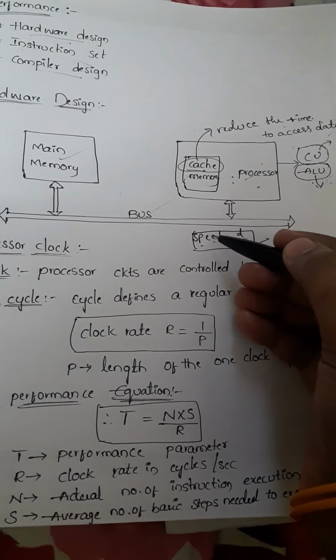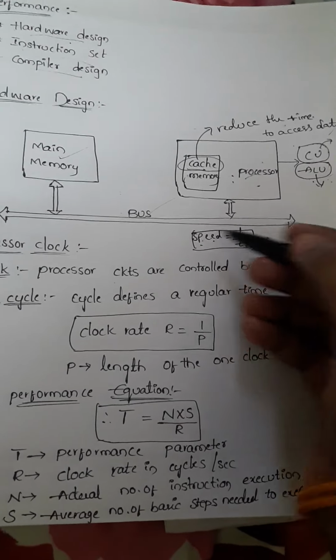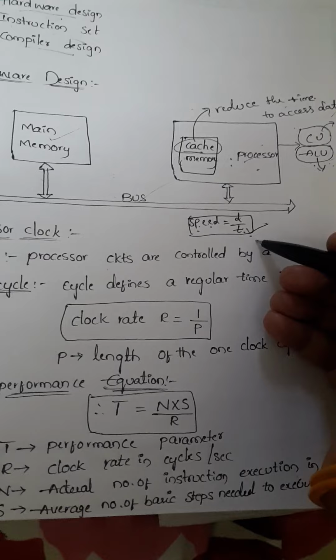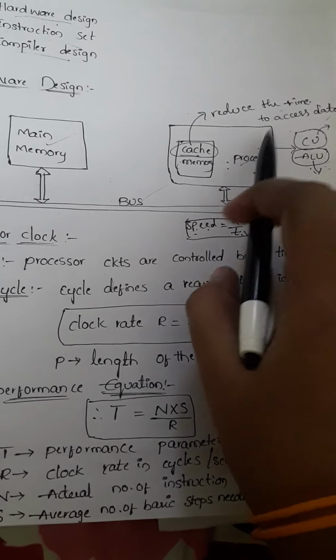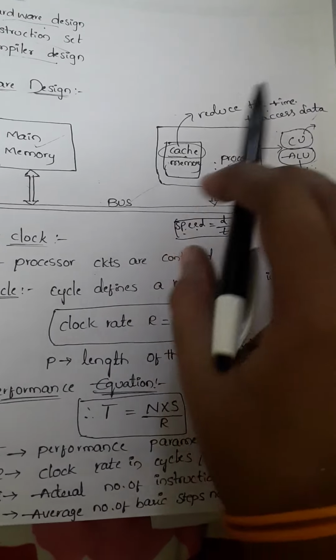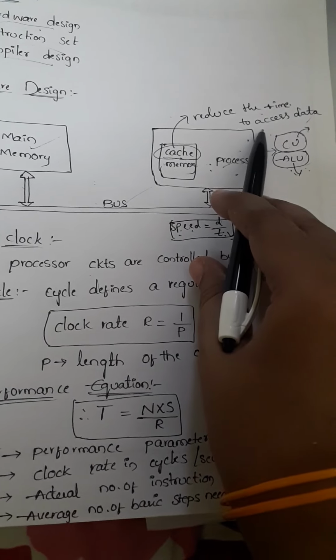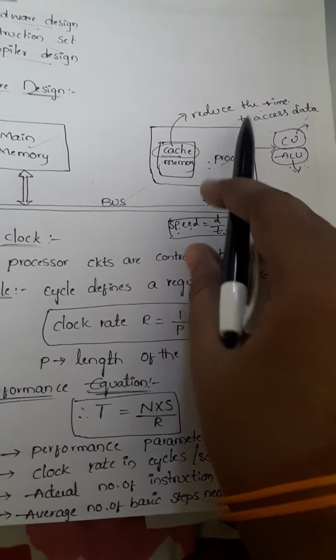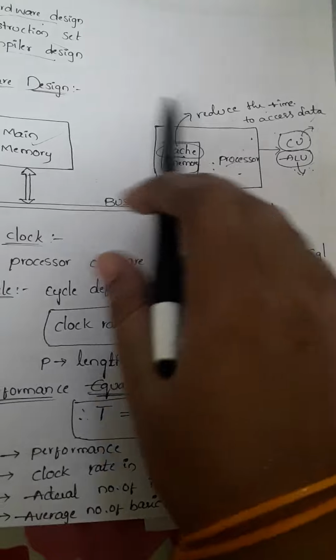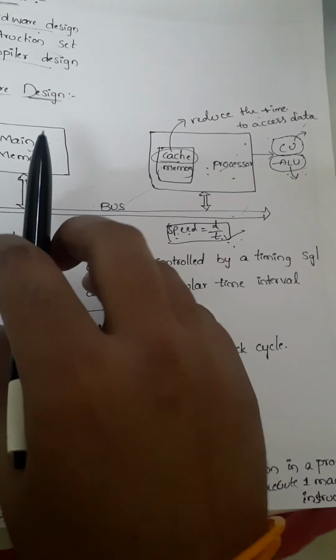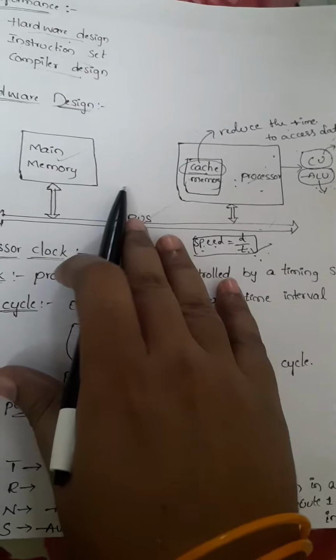If time is increased, speed is decreased; if speed is increased, time is reduced. So here also, using cache memory automatically reduces the access time, so the speed of operation is increased, and we can say the performance of the system is improved here.